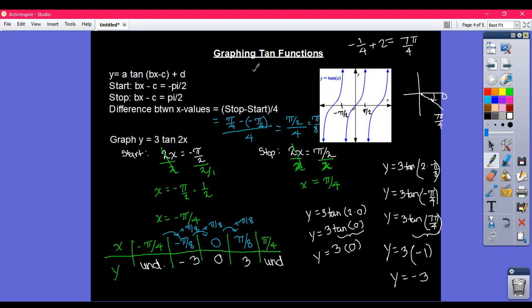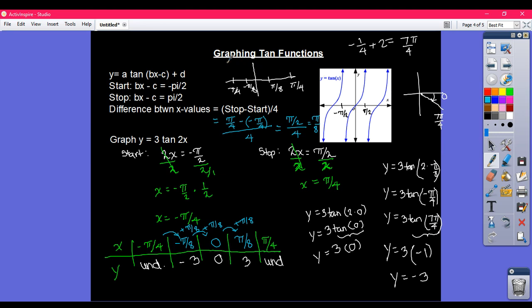So what does this graph look like? Well, since I'm out of room, the lazy version here, negative pi over 4, negative pi over 8, 0, pi over 8, pi over 4.